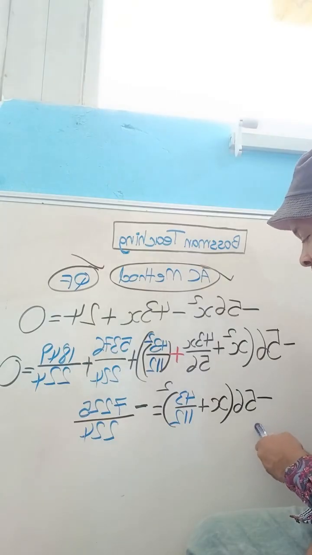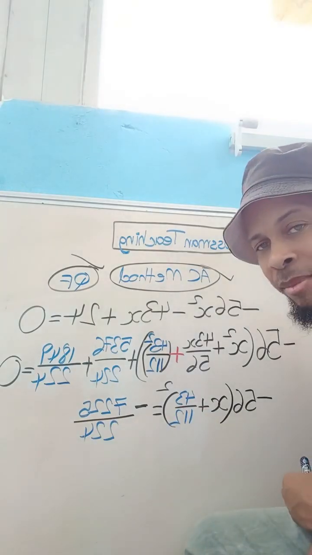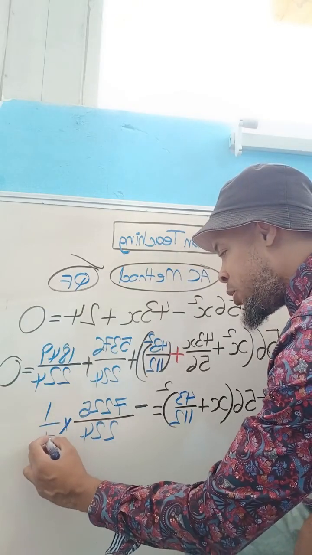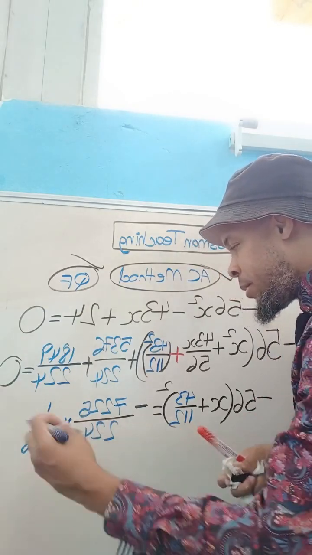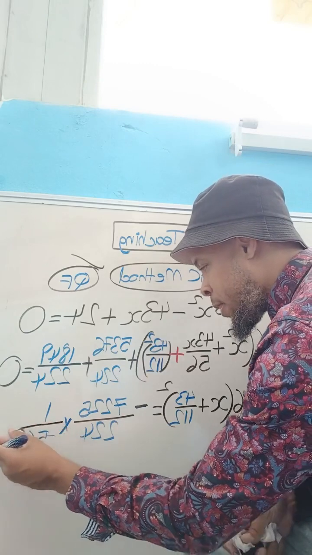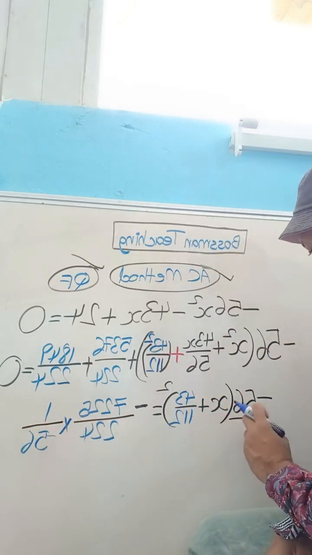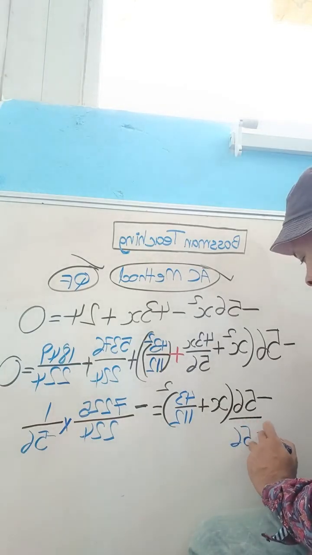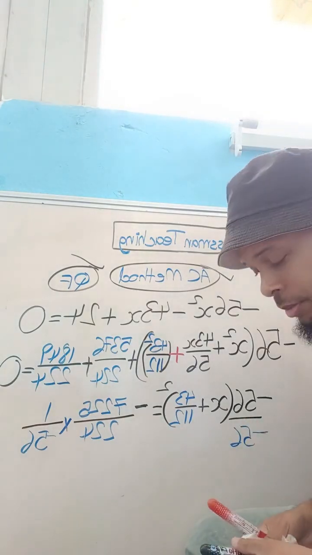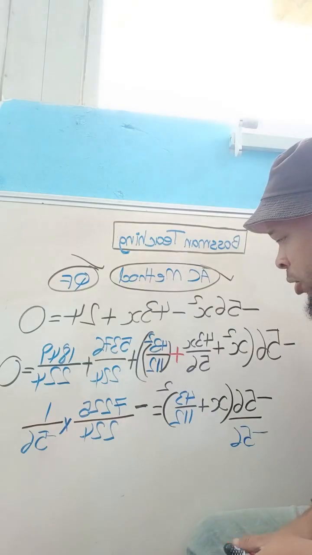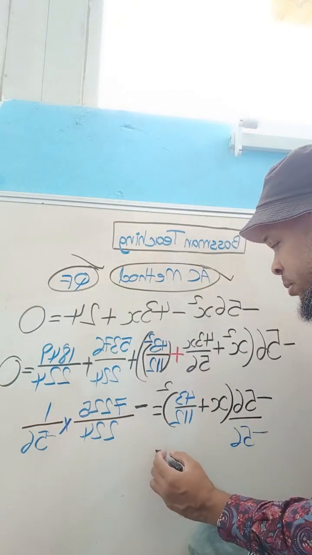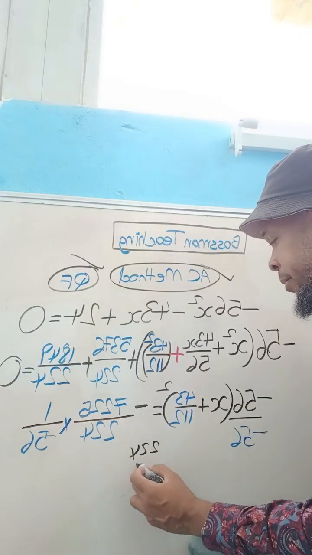Now we're going to multiply or just divide both of them by minus 56. Right? Multiply this by 1 over minus 56. Yeah? You divide this by minus 56. Yeah? So now 56 times 224.